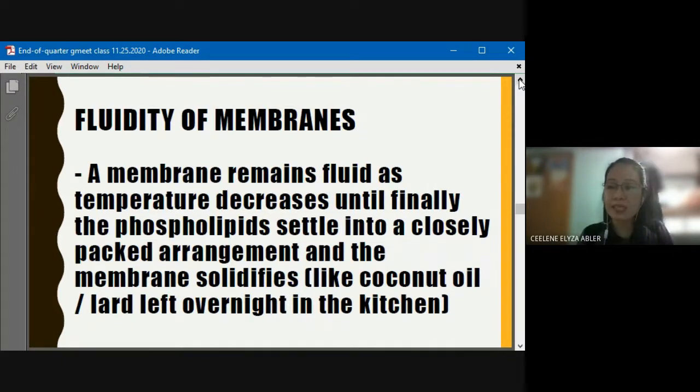Ang plants din class actually increase the unsaturation of their plasma membrane kapag malapit na yung winter. Dahil wala tayo sa northern and southern na mga continents at nasa equatorial region tayo, so hindi tayo masyadong familiar with winter. Pero meron tayong periods kasi na masyado talagang malamig.